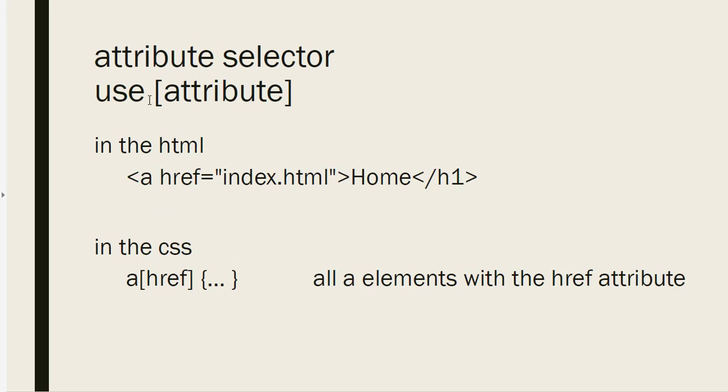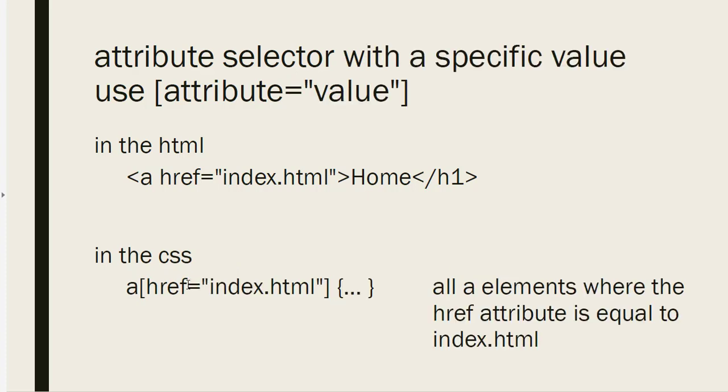Another way to do an attribute is to specify the attribute. And here we have an A with an attribute href, and that'll pick up all elements with an href attribute. That will be all A elements, right? Or in this case, we can say if the href element is equal to a specific value.